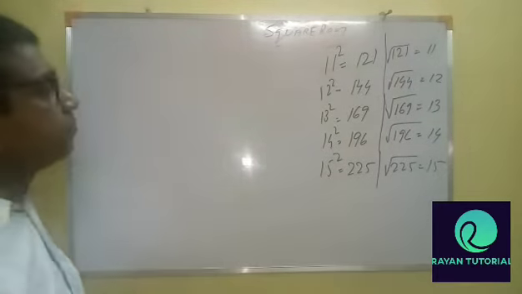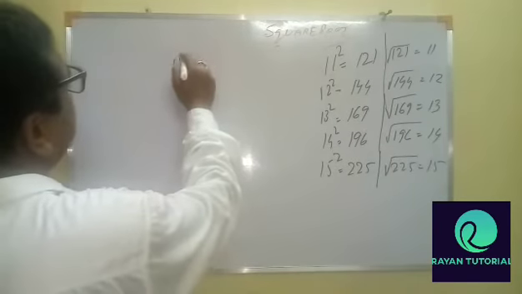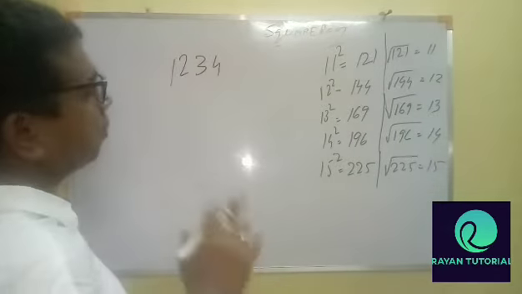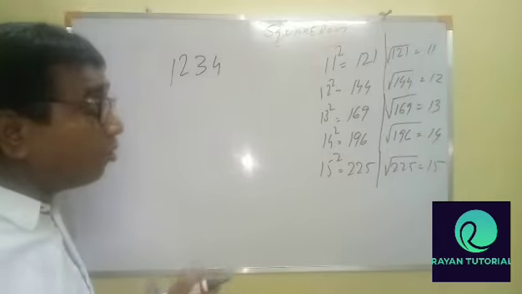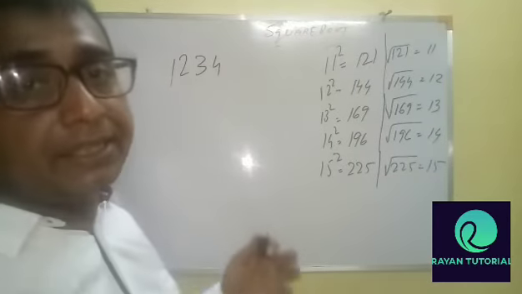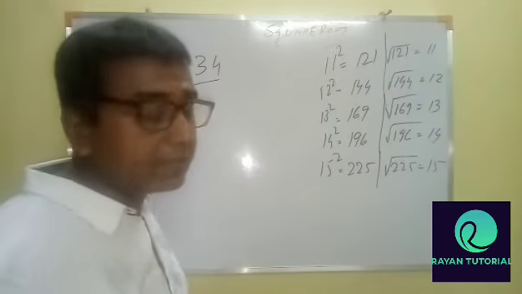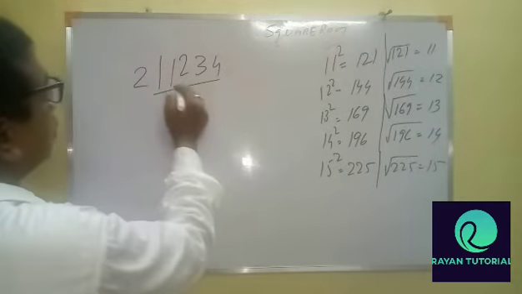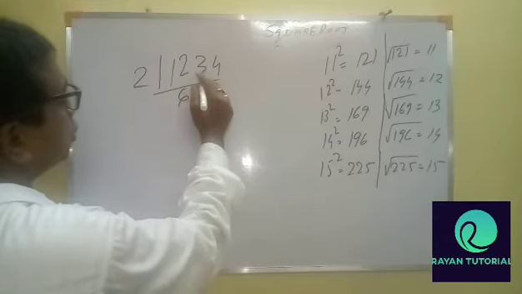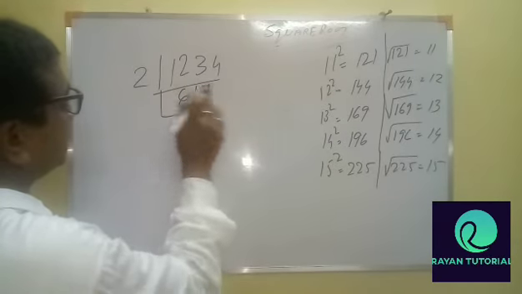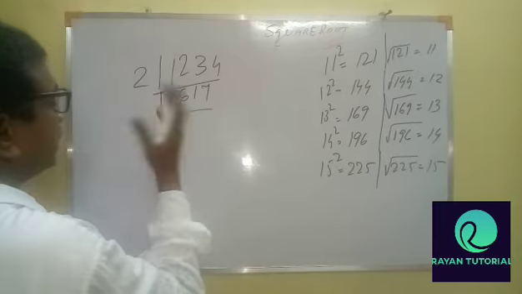Suppose I say 1234. Find the square root of this number, or find whether it is a perfect square or not. How? Same thing I told you: factorization. 2 6s are 12, 2 7s are 14. Then anything?